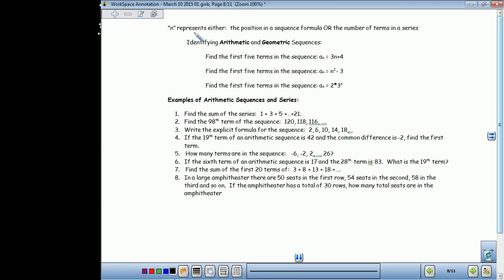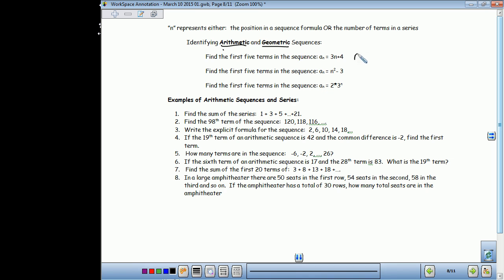n is going to represent either the position in the sequence or the number of terms in the sequence. It just depends on the wording. We're going to look at arithmetic and geometric sequences. Here are some examples, and let's decide, are they arithmetic, geometric, or neither? The first 5 terms can be found using this formula. Would this be arithmetic, geometric, or neither?